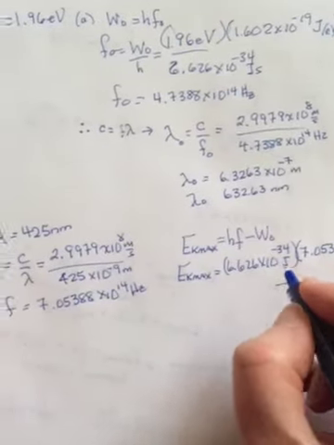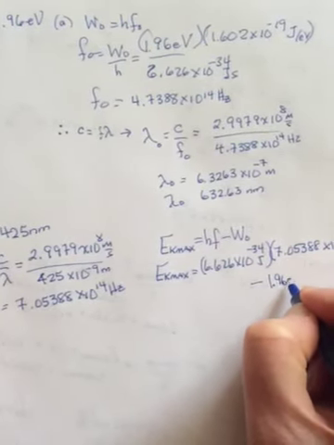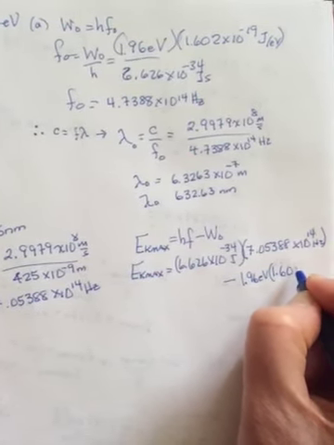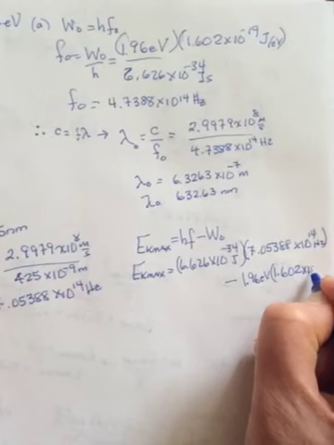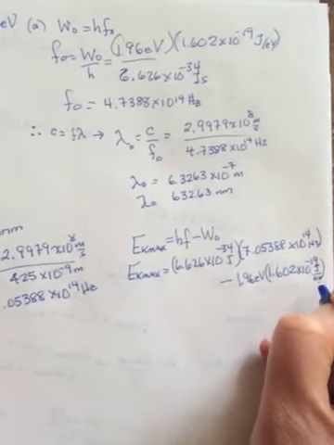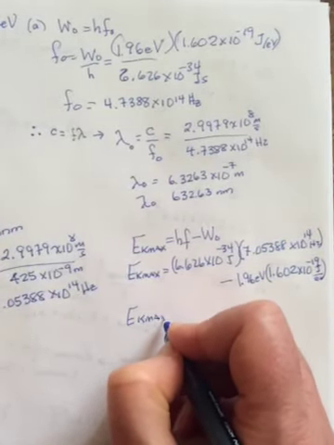We were given it. It was 1.96 electron volts, and I didn't write it down up there, so I have to do it again. 1.602 times 10 to the negative 19 joules per electron volt, right? You can't just leave it in electron volts because that will not end well.